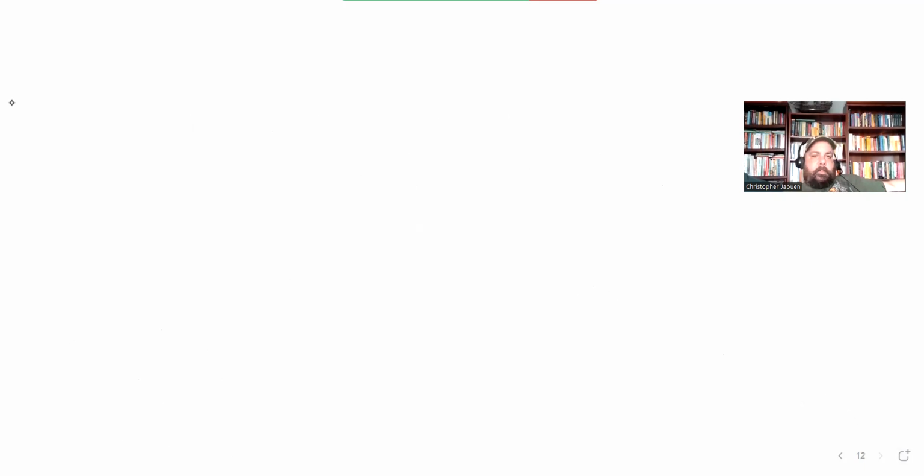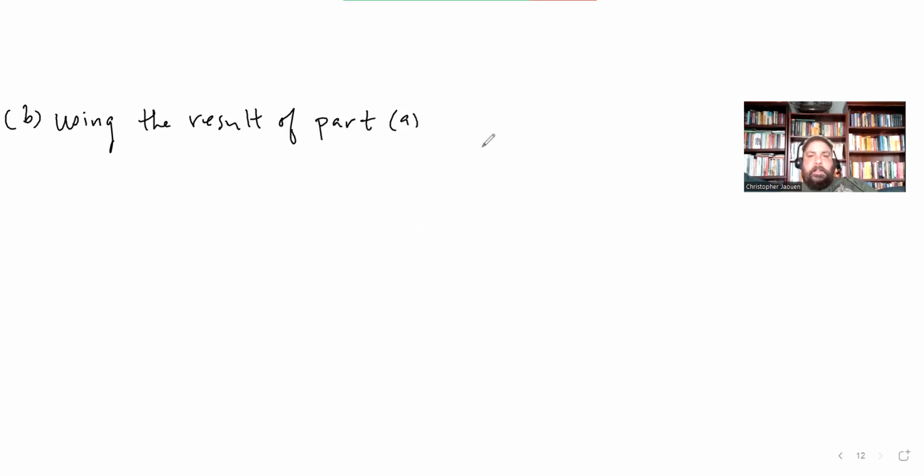Right, and then part B says, using the result of part A, prove that negative 1 times x is negative x.